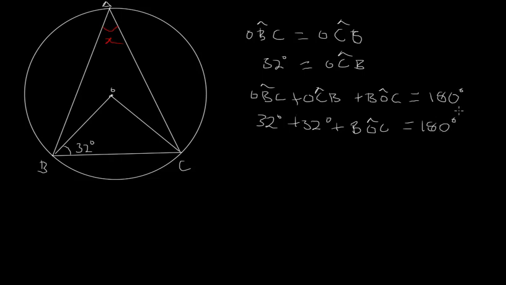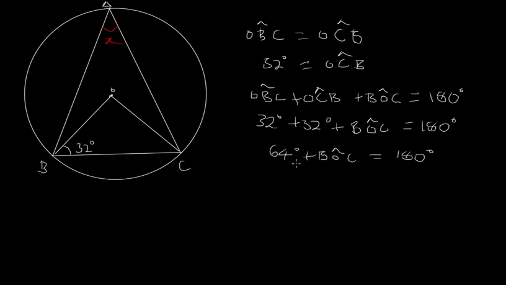Now we together get 12. So from there we can add 32 plus 32, which gives us 64. So we've got 64 degrees plus BOC is equal to 180 degrees.